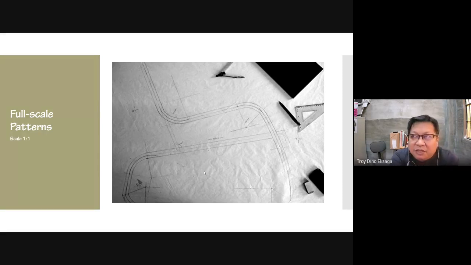And sometimes I saw on the internet that there are architectural firms that actually make a 1 is to 1 layout of the whole house so that their client can make almost like an actual walkthrough on the size, because unfortunately not all clients have that sense of space.